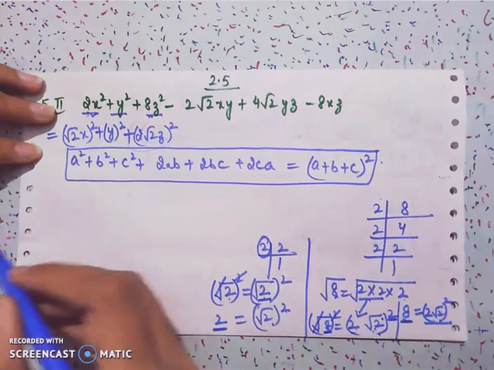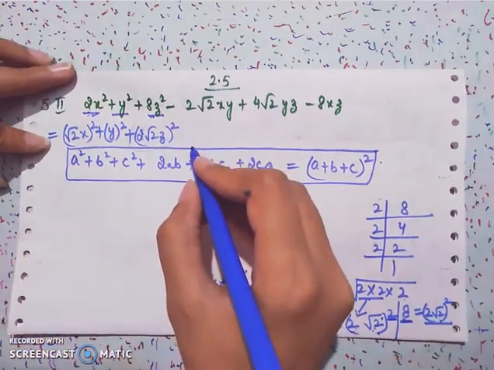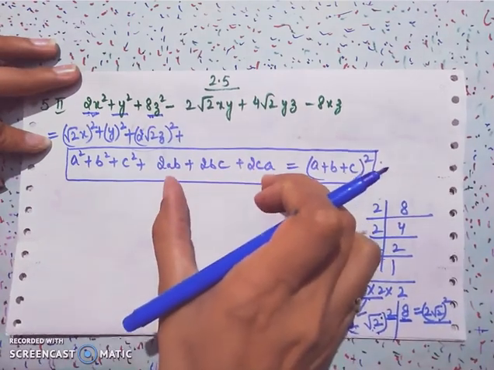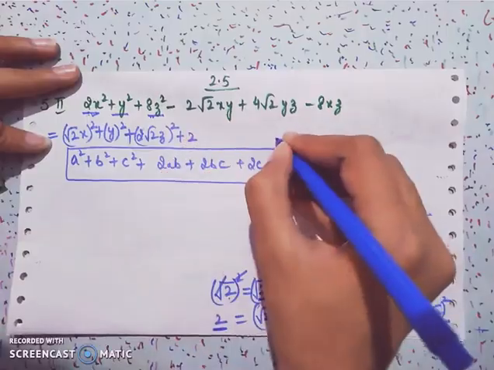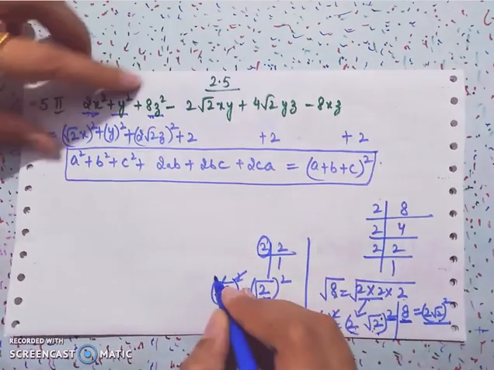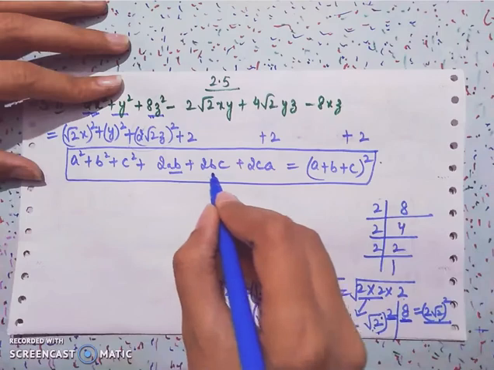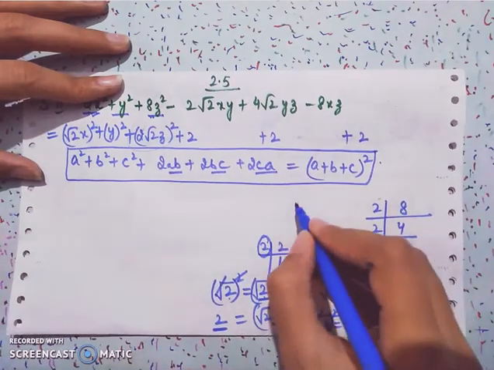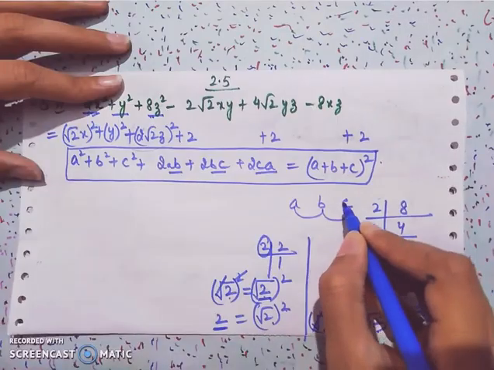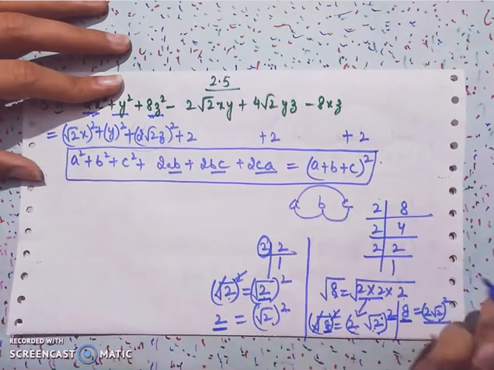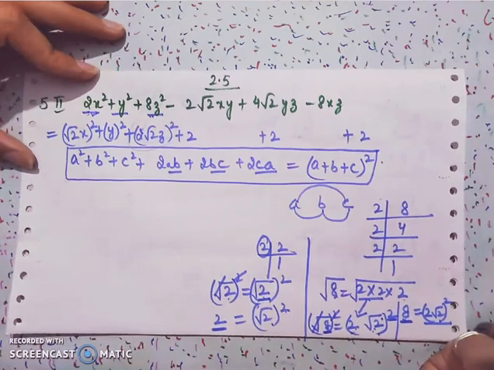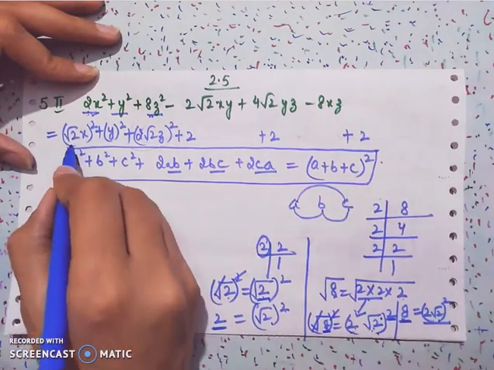Now after this, same method as we understood in the previous video: plus, for these three terms I will write 2 space 2 space 2. Then we have to make the cycle. How is the cycle? A, B, C: A into B, B into C, C into A. But the question is, what is the value of A, what is the value of B, and what is the value of C? See carefully, leave this square.